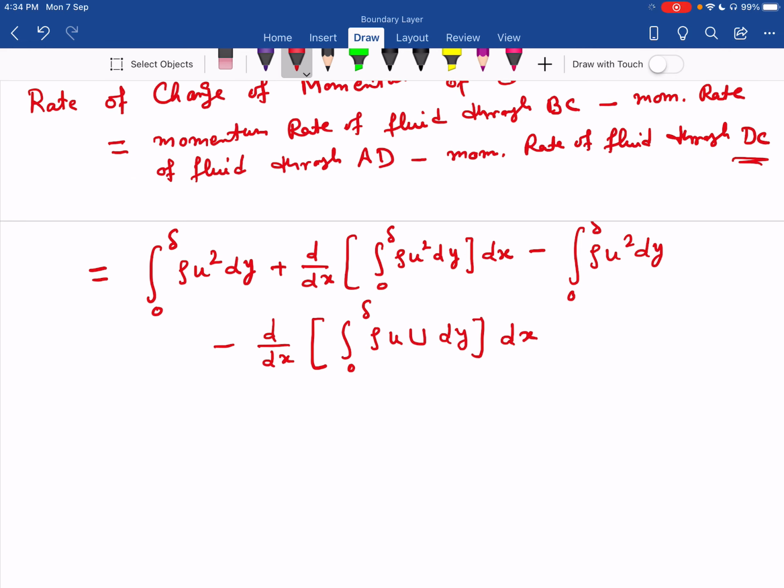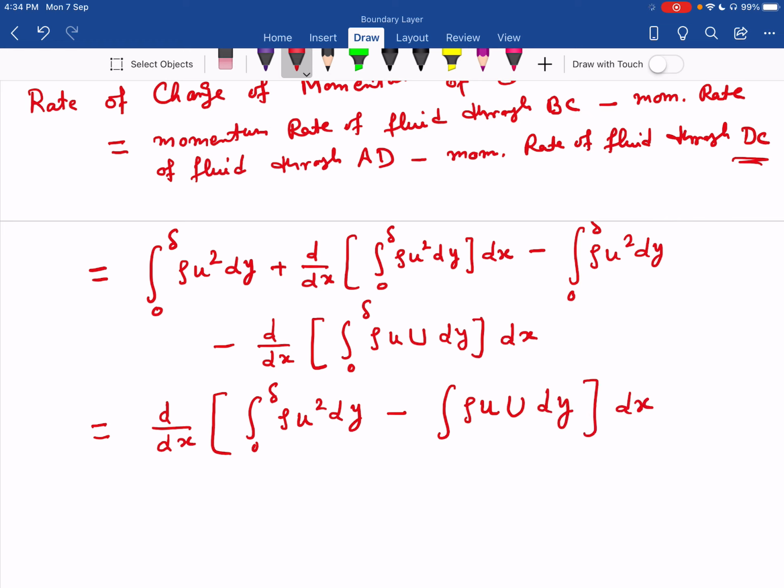Now you cancel the common terms. So after cancelling out the terms, this comes out to be d by dx of 0 to delta rho u square dy, minus rho small u capital U dy into dx from 0 to delta.